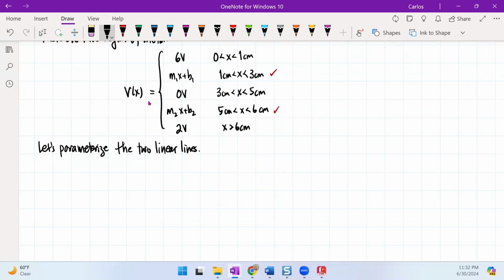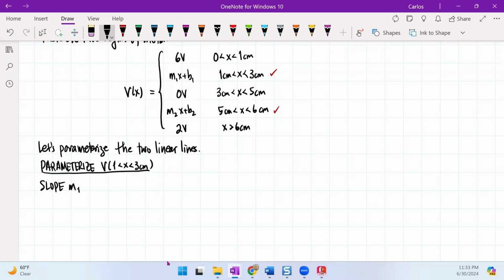In other words, we have to calculate the slope and the intercept. The first one I'm going to parameterize is the potential between 1 and 3 centimeters. Now, since I'm going to parameterize this, I have to convert my units from centimeters to meters. Let's do that.